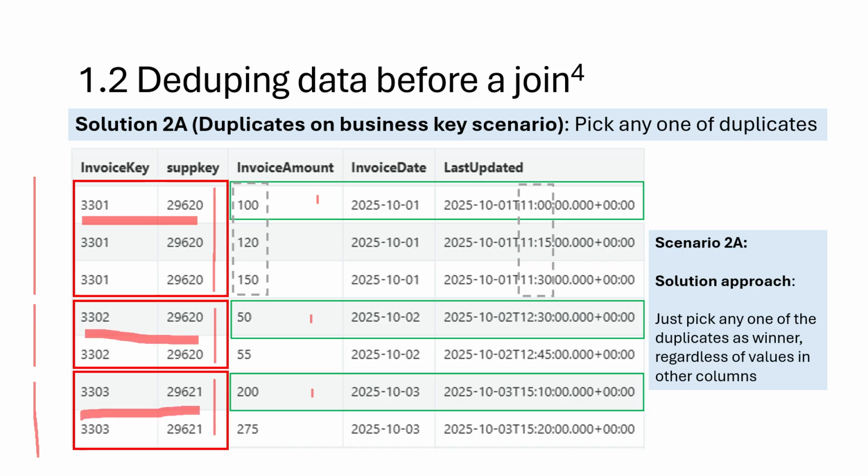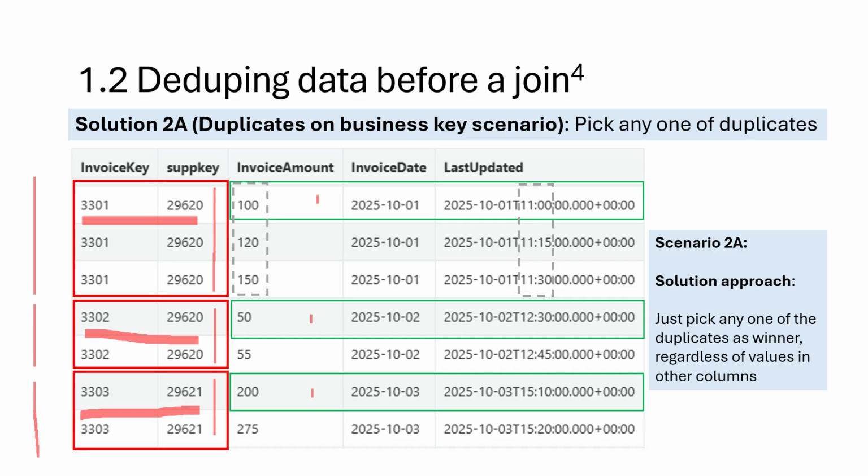But the thing is that in this approach, we are deduping based on the business keys only. As a consequence, the limitation of this approach is that there is no guarantee that the same row will be returned every time we dedupe, even if the underlying data hasn't changed. Each time you run it, it could return a different row for each of these business keys.